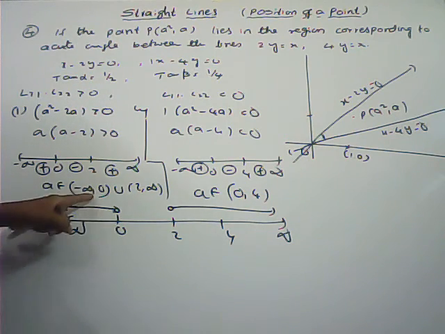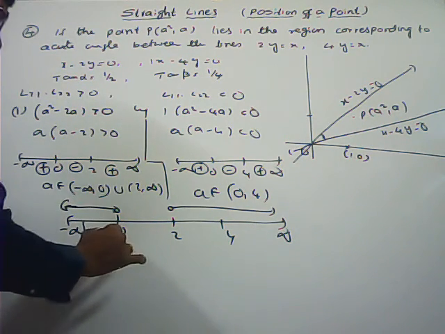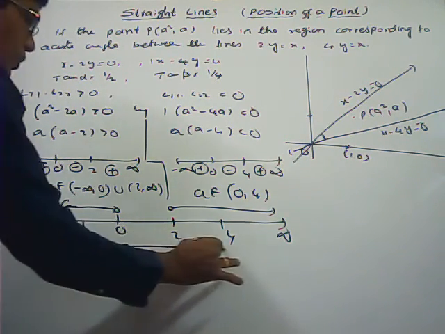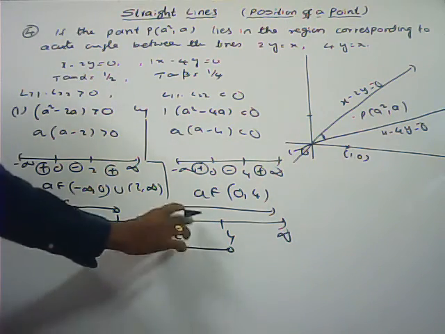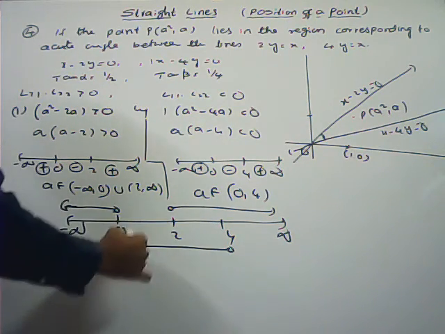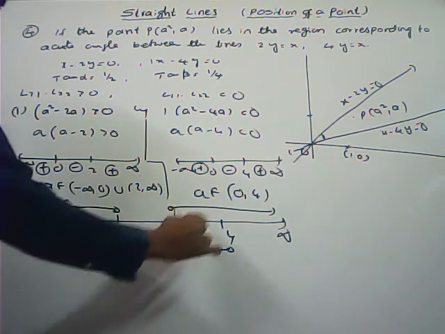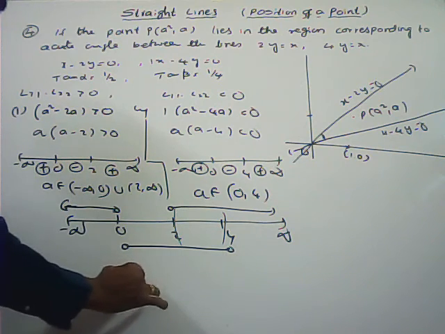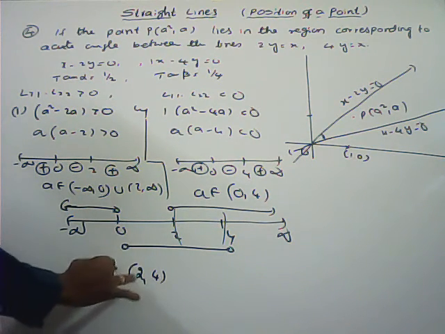This is the region of the first inequality. Here, 0 to 4, this is the second inequality. Now what about the common region? The common region is only 2 to 4. So a belongs to 2 to 4.